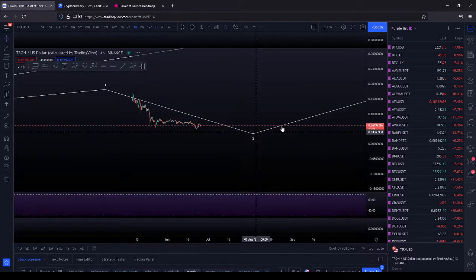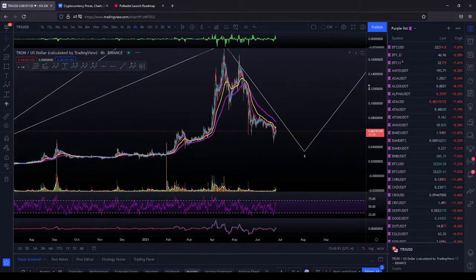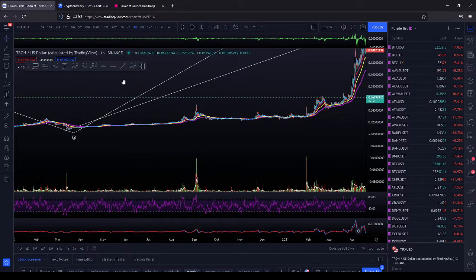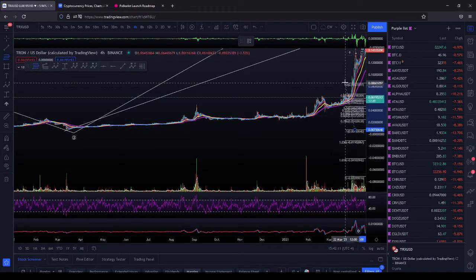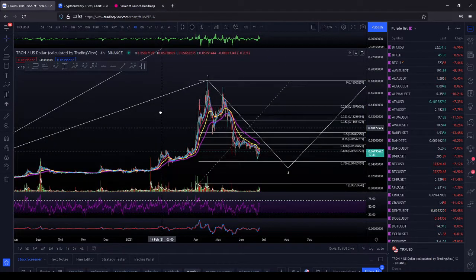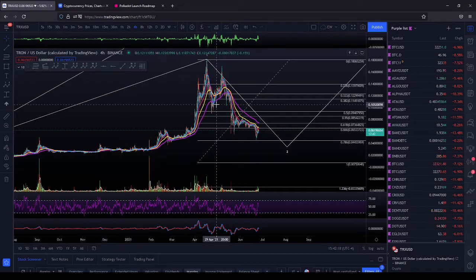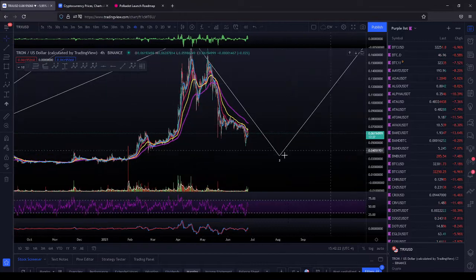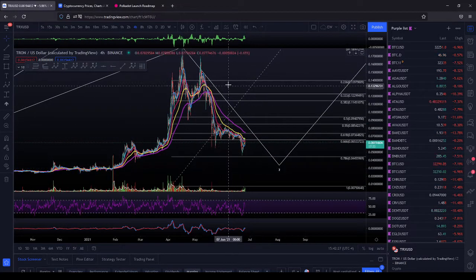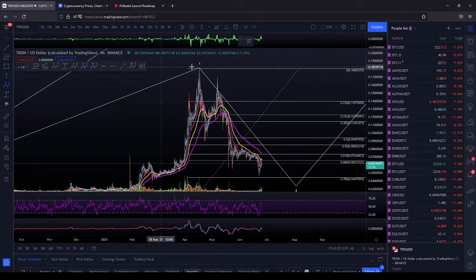So let's zoom in a bit. Check the fibs. Hit the 786 almost when I retraced this last time. You guys must be good at seeing ABCs by now, right?